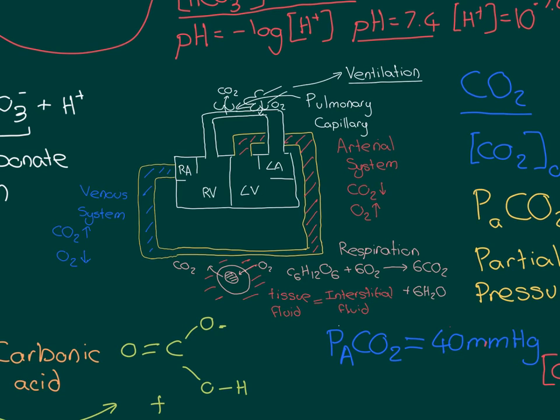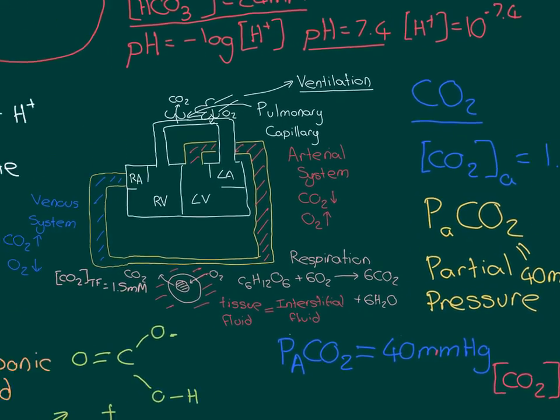So I'll firstly give you the actual concentration. So the actual concentration then of carbon dioxide in the tissue fluid is around 1.5 millimolar. And remember, the concentration in the arterial blood, and I'll just go back to it, that was 1.2 millimolar.